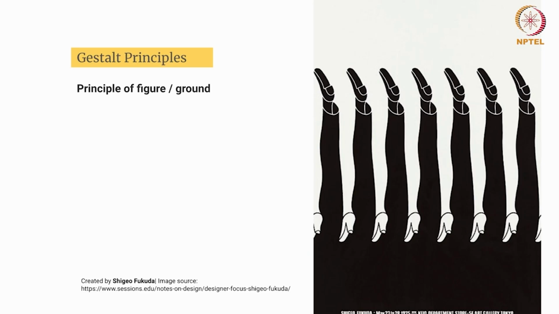So the poster is an excellent example of how Fukuda could communicate complex ideas with visual clarity, challenging traditional perspective in graphic design. If some of you haven't known about him, I would request you to go and search about him and see his work, and he always appreciated the concept of visual communication.